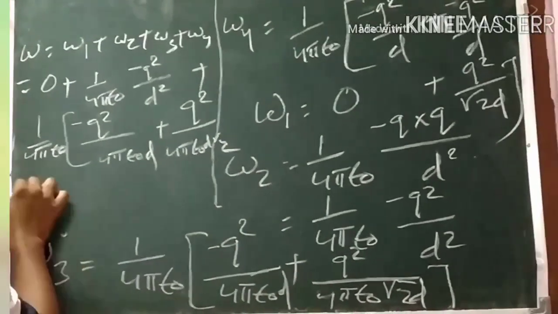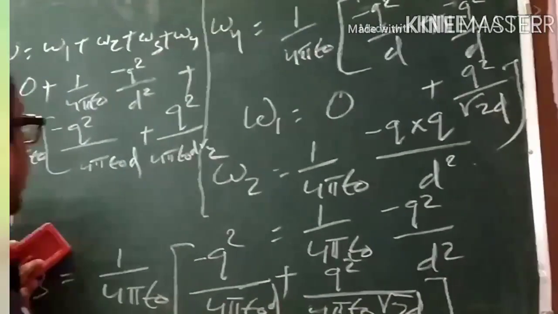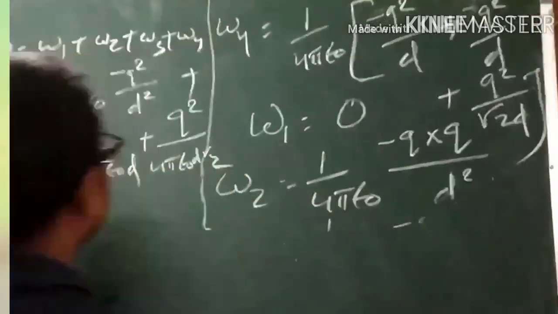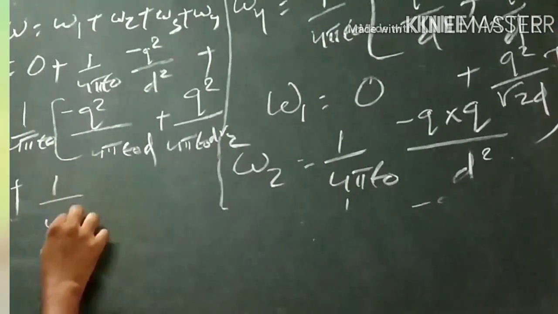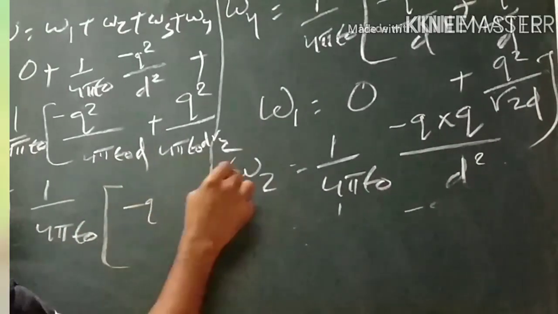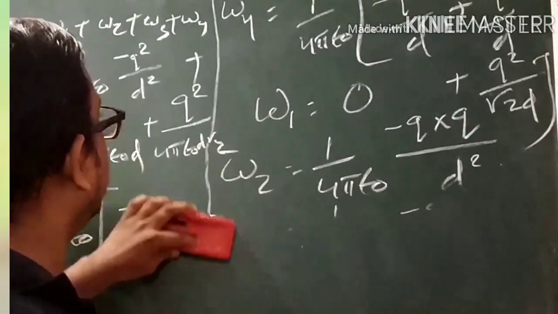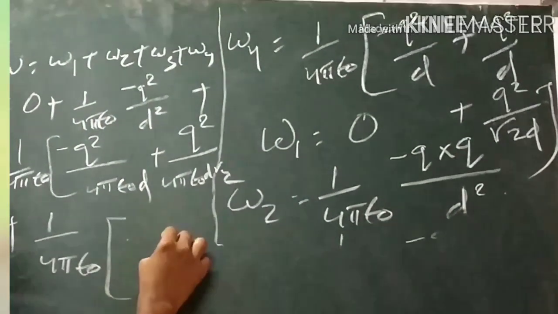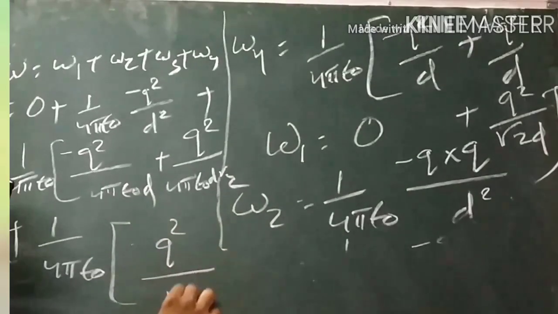Plus now W4, this will be equal to 1 by 4 pi epsilon 0 into minus q square by d and plus q square by d. There is no need to write this down because they have cancelled out each other. So this will be equal to q square by root 2 d.